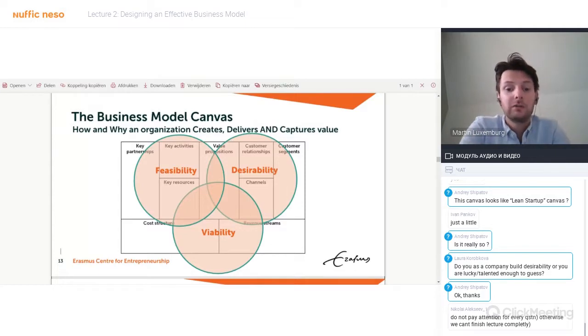On the other side, we have the key activities, the key partnerships and the key resources: are you able as a company to deliver that? That's the feasibility. And again, what I said before, the viability comes back into the part where you have costs to make and revenue streams, and that needs to be in line, because otherwise you are not able to grow that company. So for me, this really adds to the business model canvas when you are filling this in.